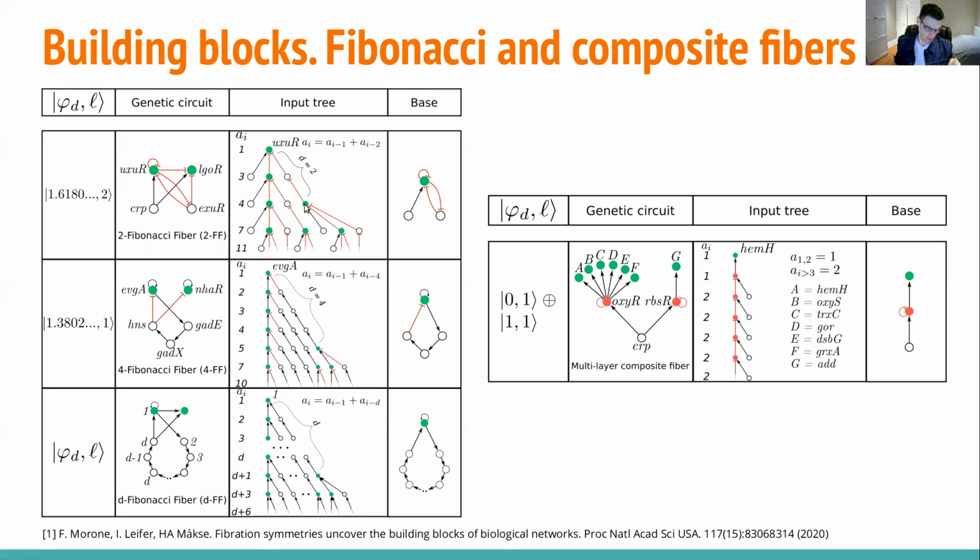And what's happening is that if we look at the degree sequence of this input tree, we will see that it's actually a Fibonacci sequence, which is interesting. So this is a Fibonacci sequence, and as a result, the branching ratio becomes the golden ratio. So the branching ratio is the golden ratio. There are 2 regulators. So this is the way this Fibonacci fiber is defined.